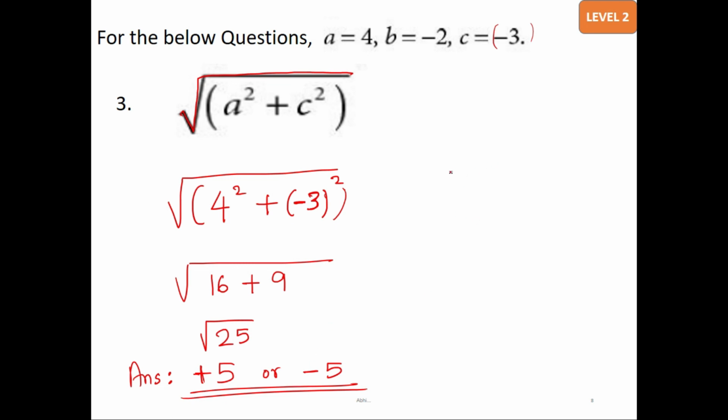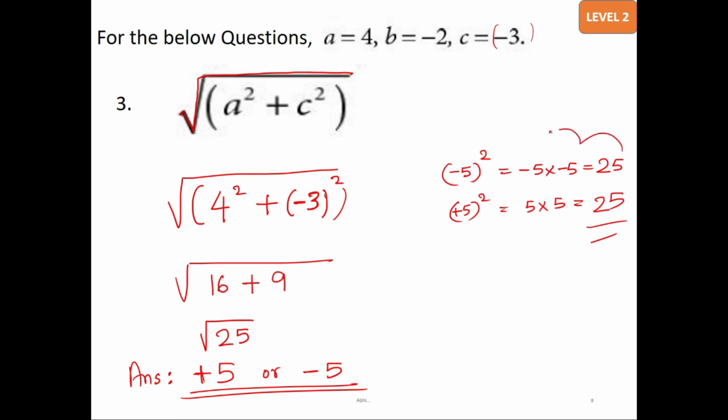See, minus 5 square also gives you a 25, and plus 5 square also gives you a 25. So considering this condition, for any perfect square that you take the square root of, you have to consider both these answers.